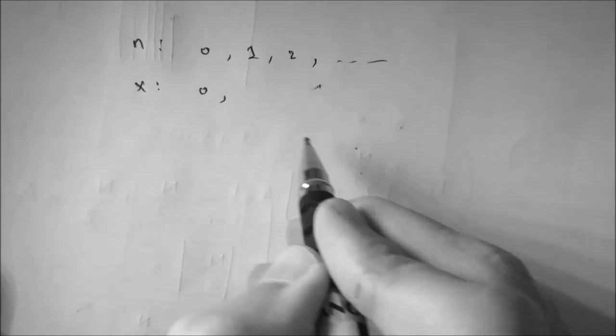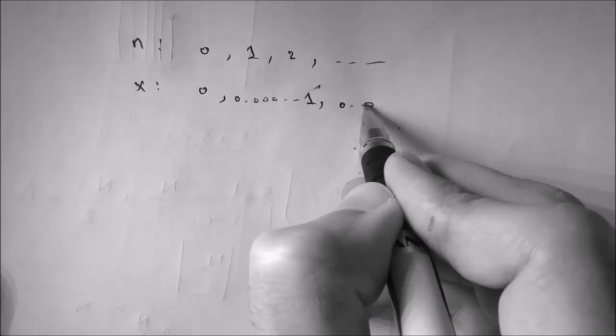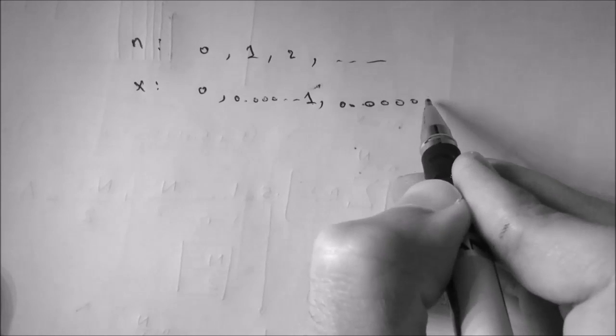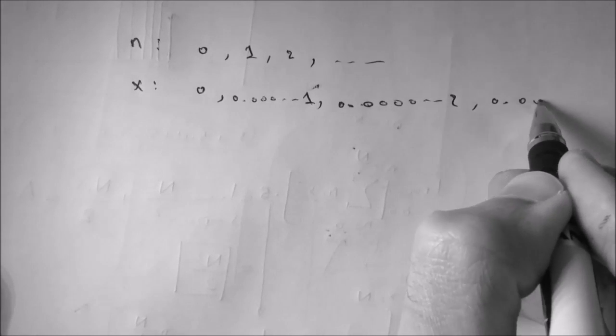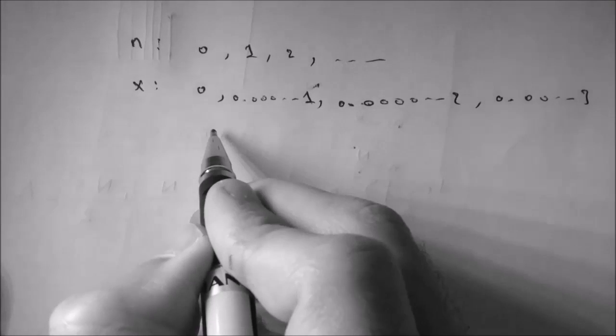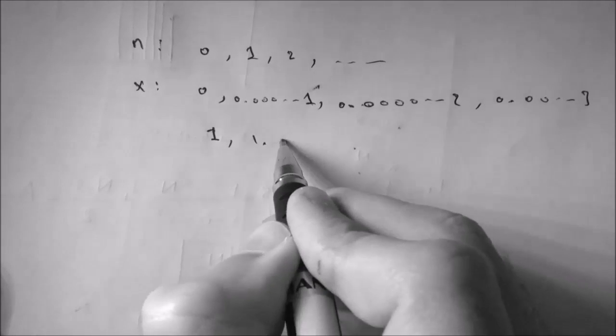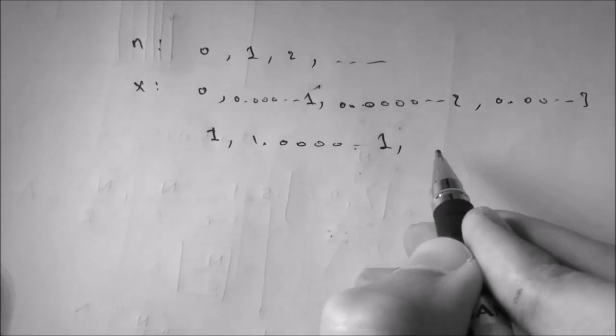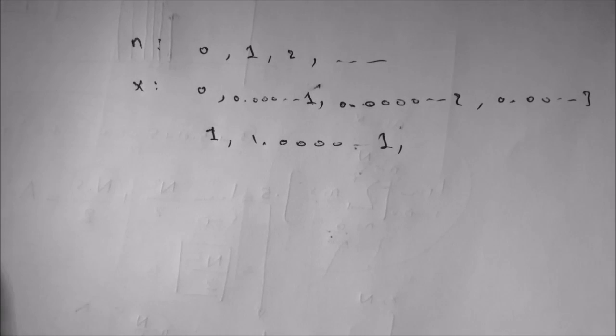It takes any value starting from 0, for example 0.0001, 0.0002, 0.0003, and so on until 1, then 1.0001, 1.002, and so on. It can take any value.